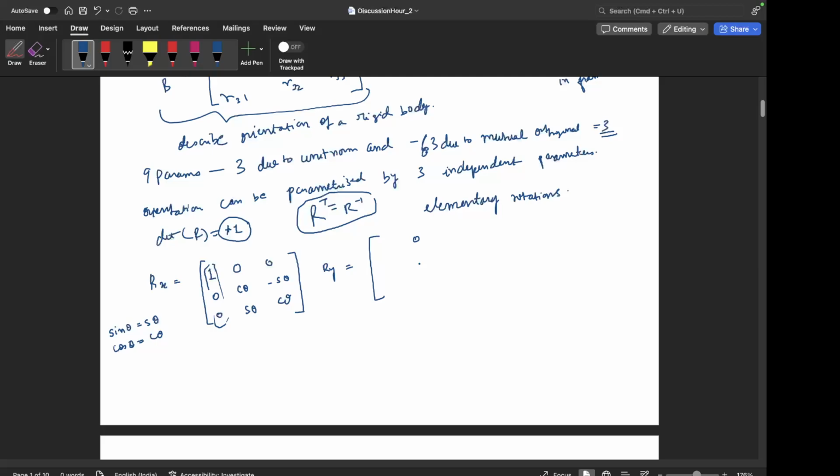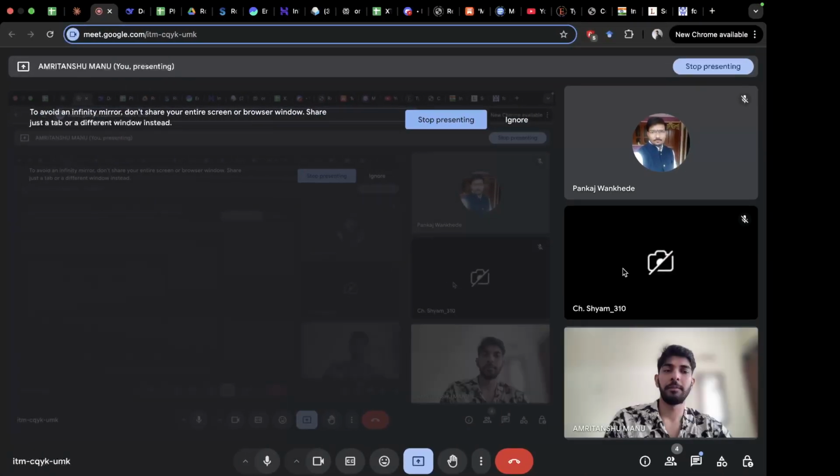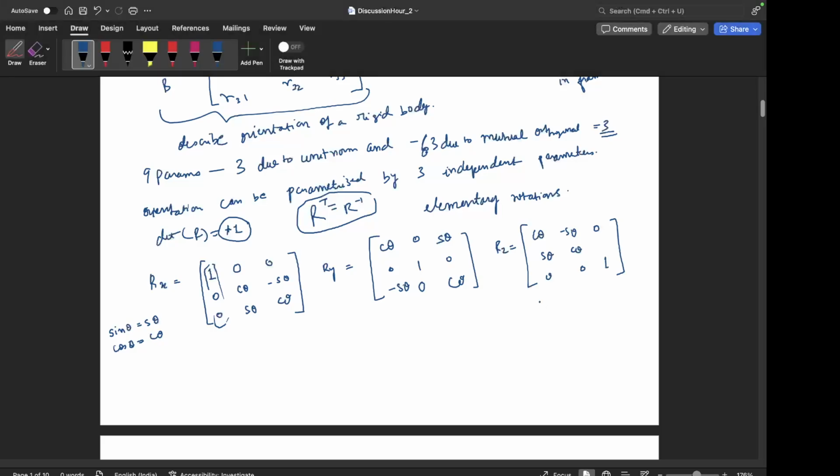Ry, again, the rotation is about the y-axis, so that remains the same. And it's c theta, s theta, minus s theta, c theta, right? And Rz is c theta, minus s theta, 0, s theta, c theta, 0, 0, 0, 1. Right.